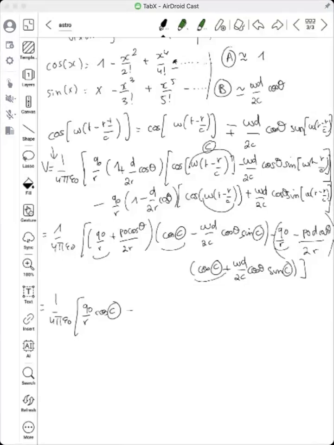Minus Q0 omega D R 2C cosinus theta sinus C plus 2R minus P0 cos theta omega D 2C cos theta sinus C.